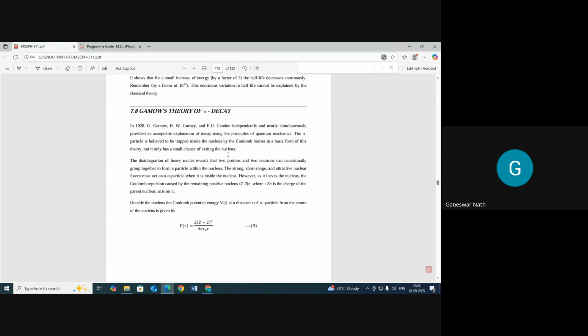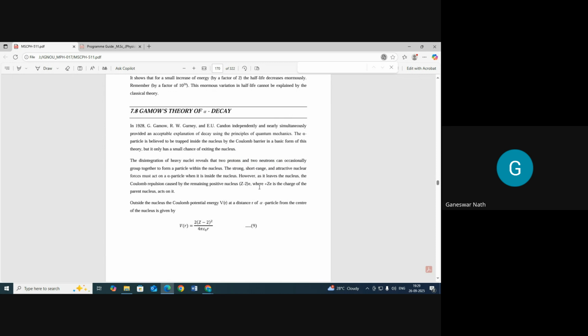They assume the alpha particle is never emitted from the nucleus as such, rather it gets trapped. But the disintegration of heavy nuclei reveals that two protons and two neutrons can occasionally group together to form an alpha particle within the nucleus.